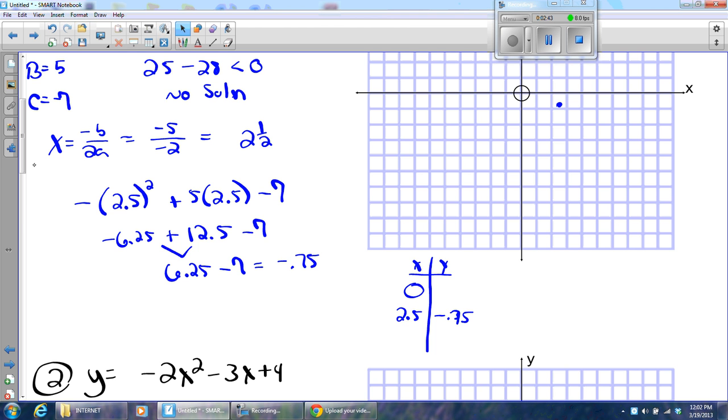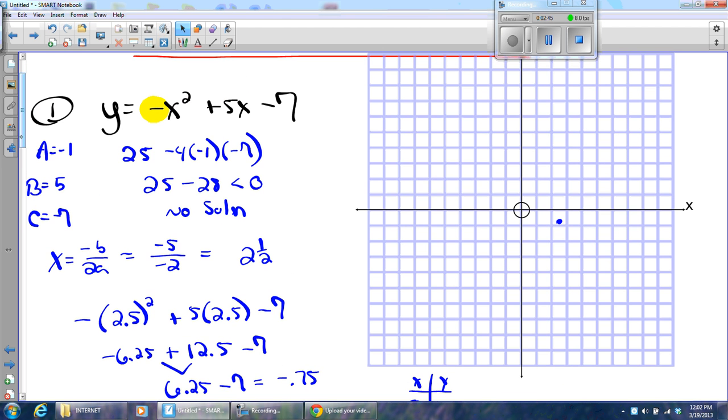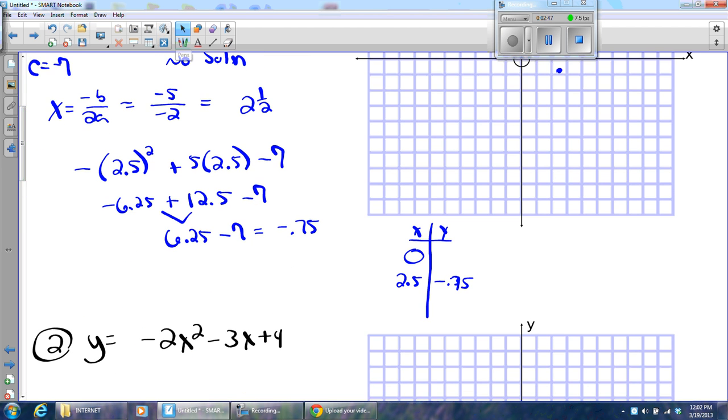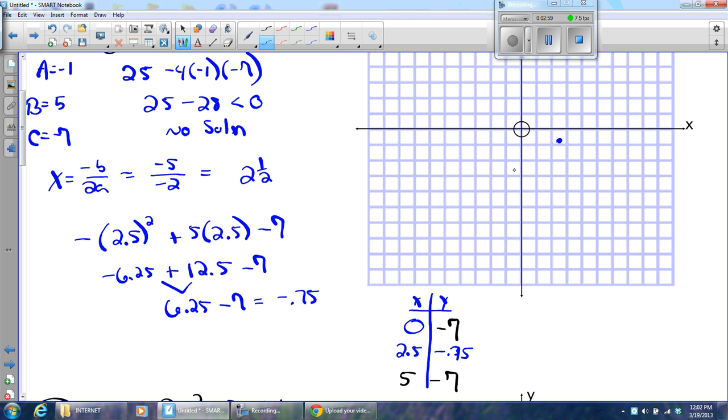And now I'm going to put 0 in. And when I do, I believe I'm going to get negative 7 out. All right, negative 7. And I'm also going to put 5 in, and that's going to yield negative 7. So I'm going to go 0, negative 7, and 5, negative 7 right there. 1, 2, 3, 4, 5.